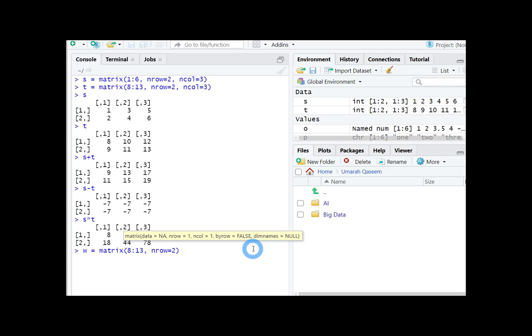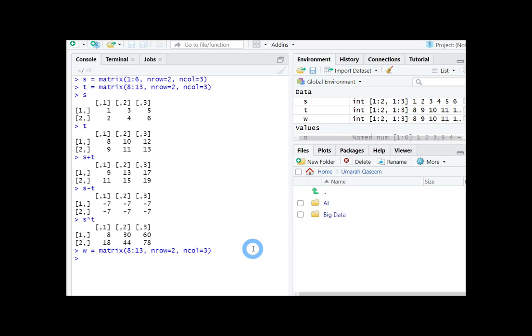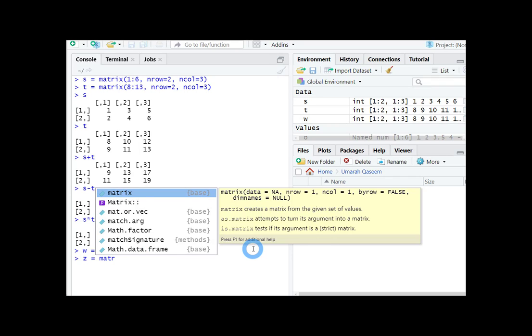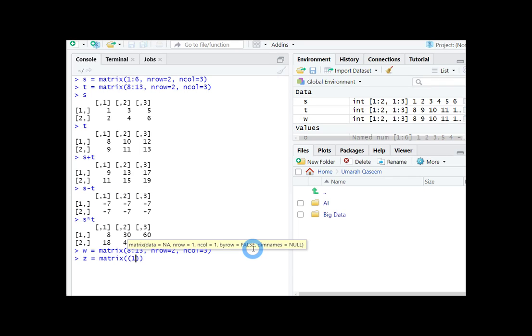So I'm going to call it 2 rows, 3 columns, enter, and Z equals matrix. Now the rows must be 3, and we can have any number of columns. I'm going to keep it 2. Square brackets. So these are our two matrices.